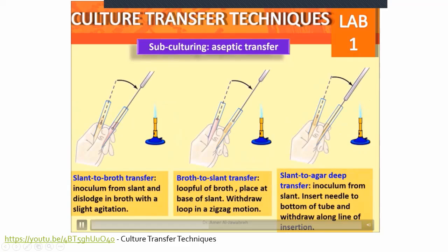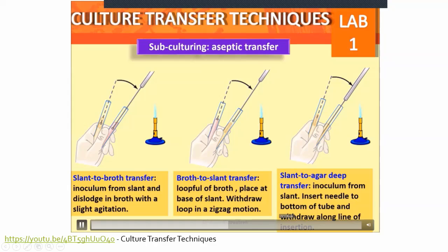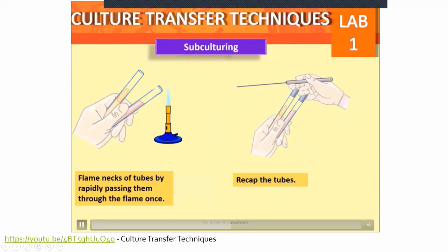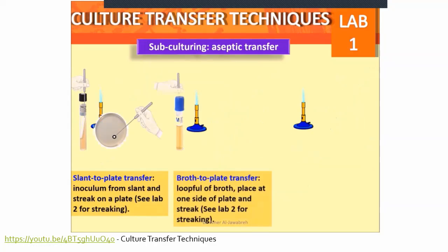So here you can see how looping is done, right? One was having the bacterial suspension, another was not.